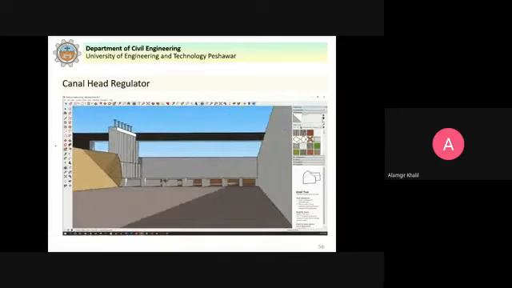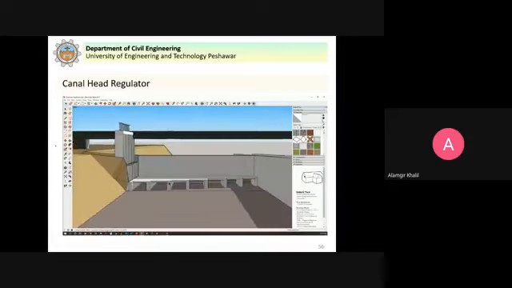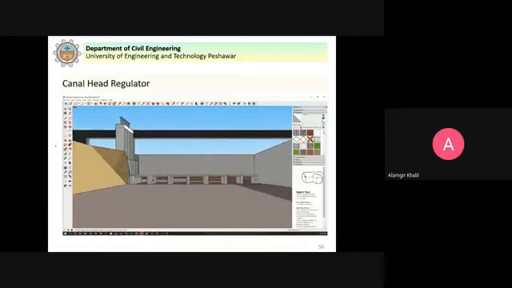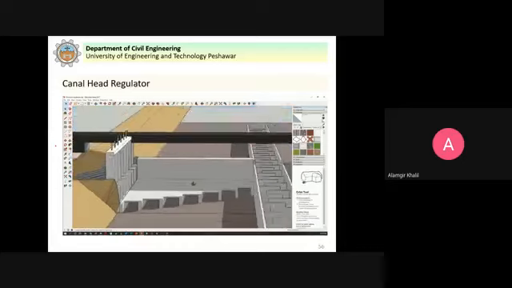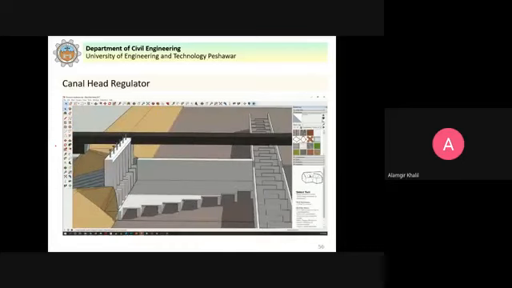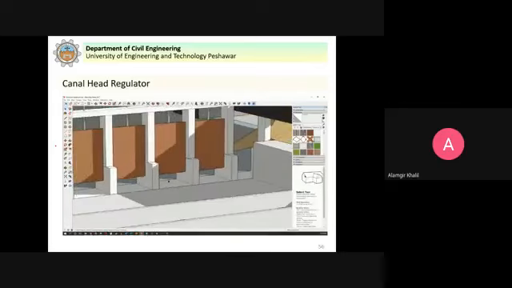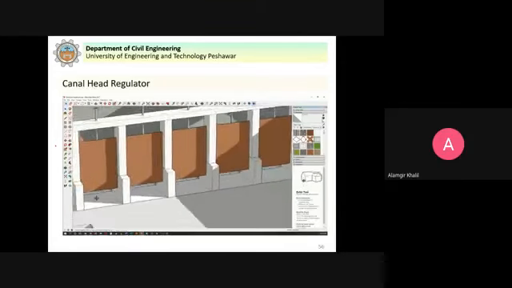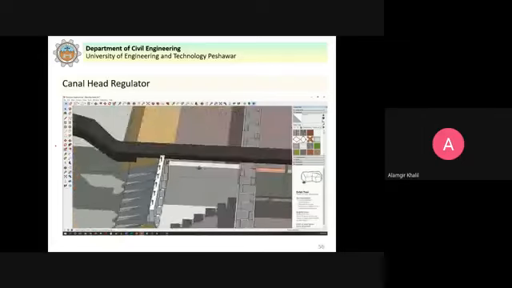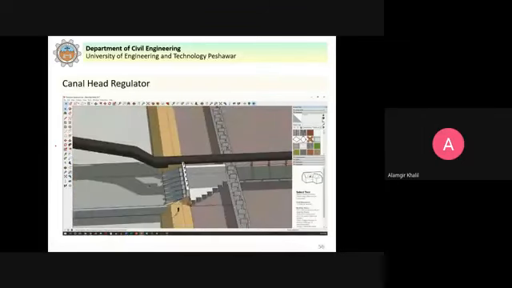And you can see the undersluice gates. If they are open, the silted water is discharged to the downstream. So the clean, relatively silt-free water will flow into the canal.